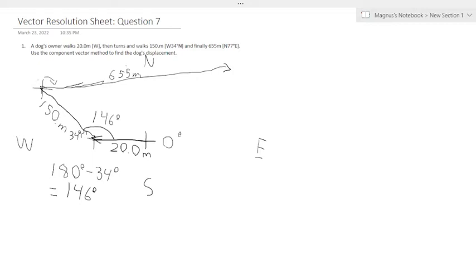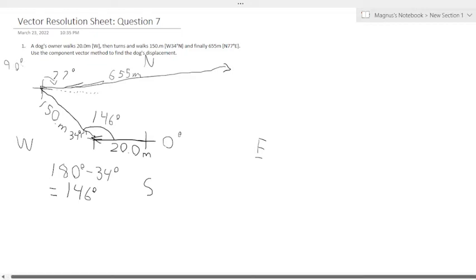Okay, so we know this angle is 77 degrees, but we want to know what the angle is with our 0 degrees. So 90 degrees minus 77 degrees gives us 13 degrees. So this angle theta is equal to 13 degrees.